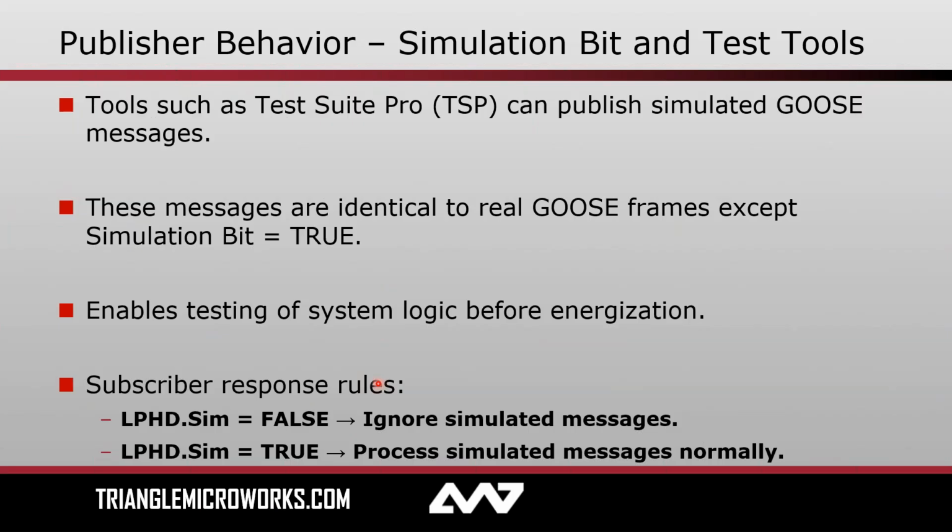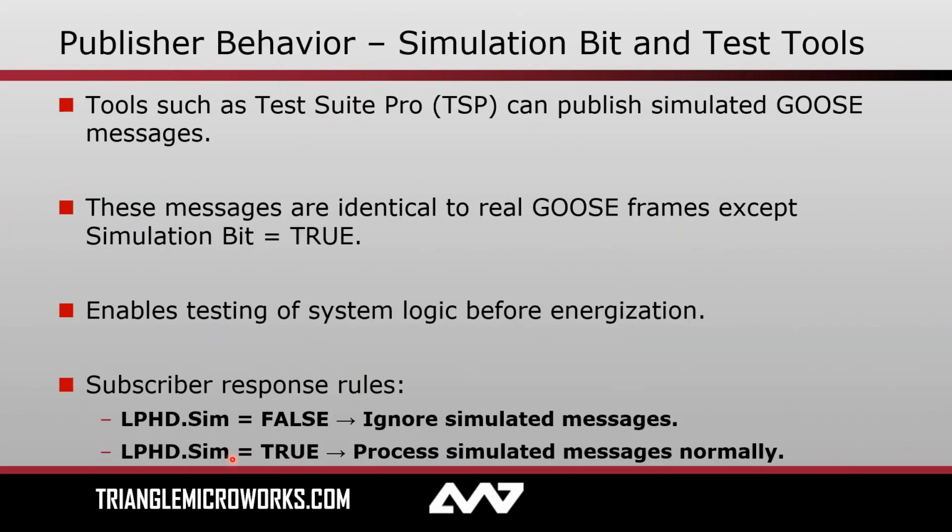That flag is set to true. This critical distinction between those two messages, along with the ability to set a subscriber's LPHD Sim mode to true, is what allows us to subscribe to simulated messages to test functionality on one particular device without disrupting the rest of our substation.